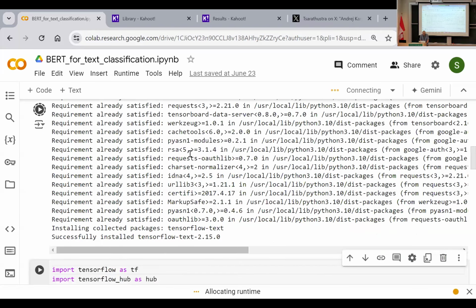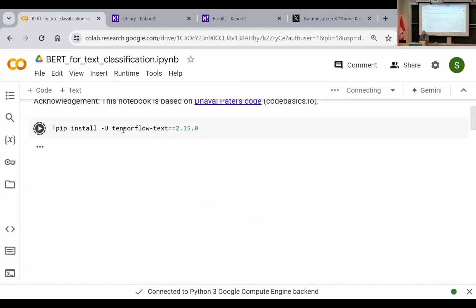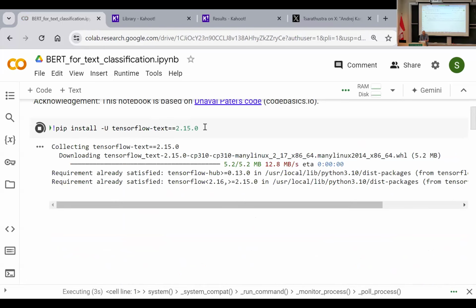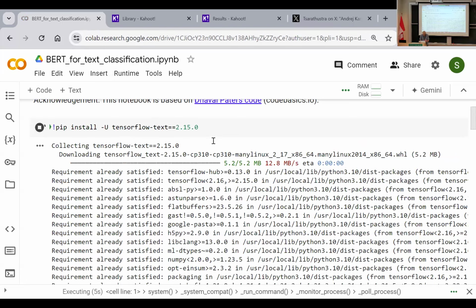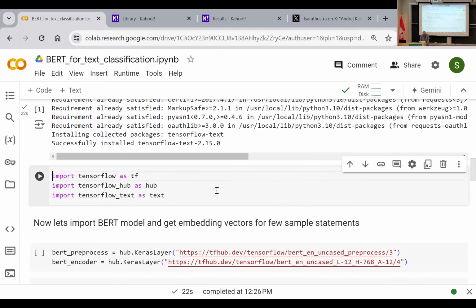All right, just to make sure that it works, this is a fresh Google Colab session. I think Google Colab already has TensorFlow Text, but I'm loading a very specific version of it, from 6 months ago, because the very recent version throws an error, at least for this code.